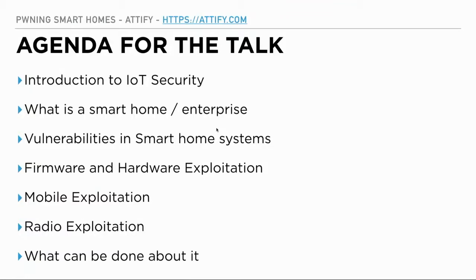So you have got firmware, hardware, radio, and the mobile and web stuff as well. And then you have the typical BLE, ZigBee, all those sorts of protocols. So we are going to start with some of the basics of IoT security. Then we'll look into some of the vulnerabilities in smart home devices. And then we'll also have a look at some demos, as well as one or two live demonstrations in this session.